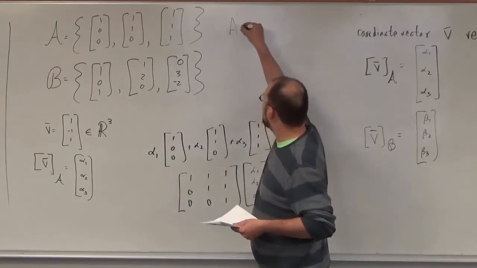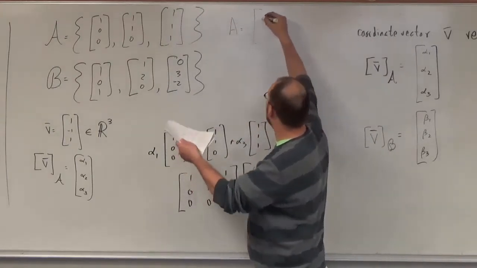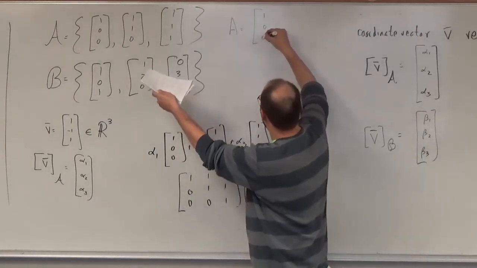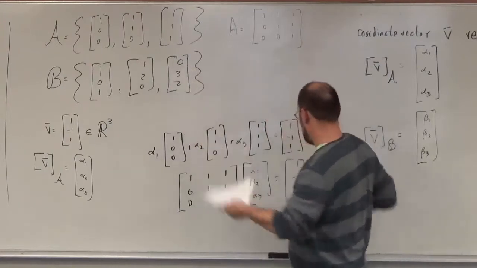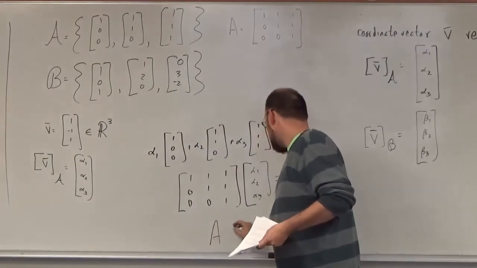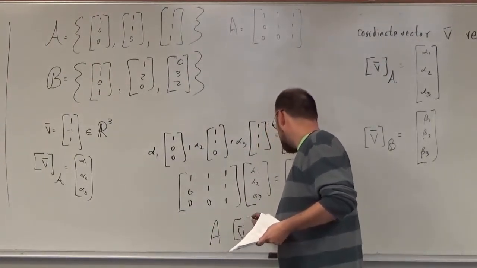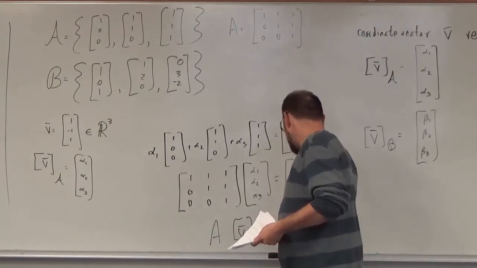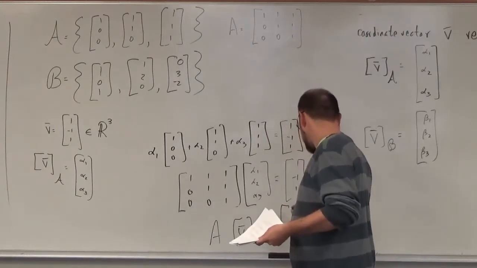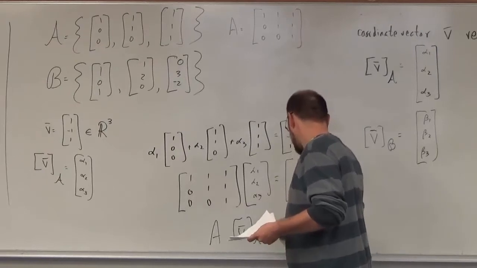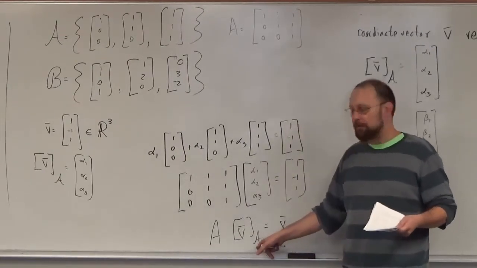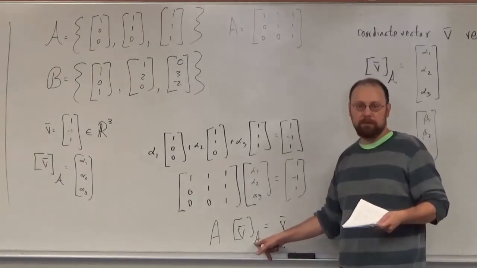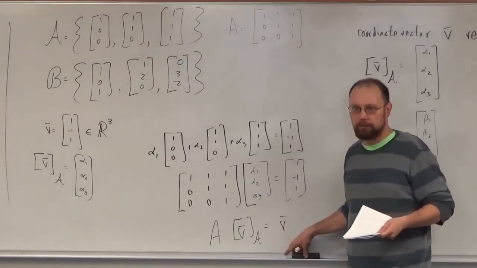Remember that we defined the matrix A to be the matrix whose columns are the basis elements. This is A times the coordinate vector of V relative to basis A to give you the vector V. I know this is strange notation, but the subscript is all important. This indicates that this is the coordinate vector, not the vector itself.